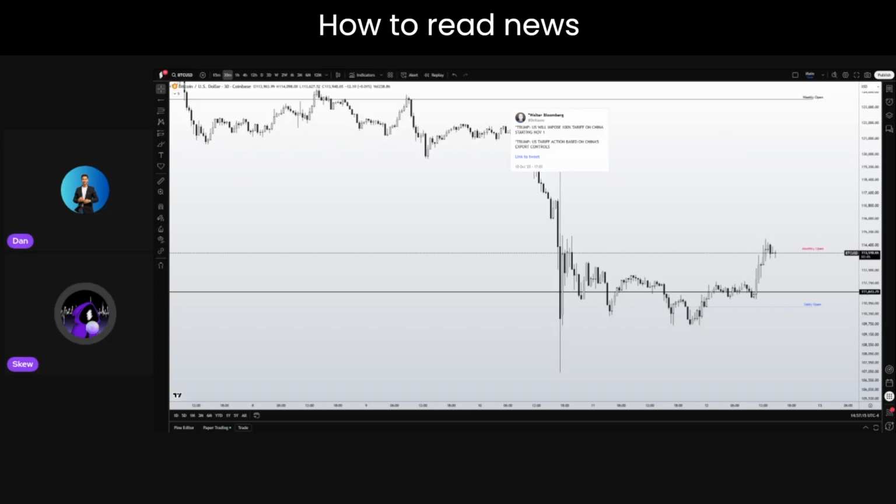Average would be, it depends, because a lot of the selling and buying is done by algorithms that look for keywords. I would say on average you have 5 to 15 minutes before the market really reacts.